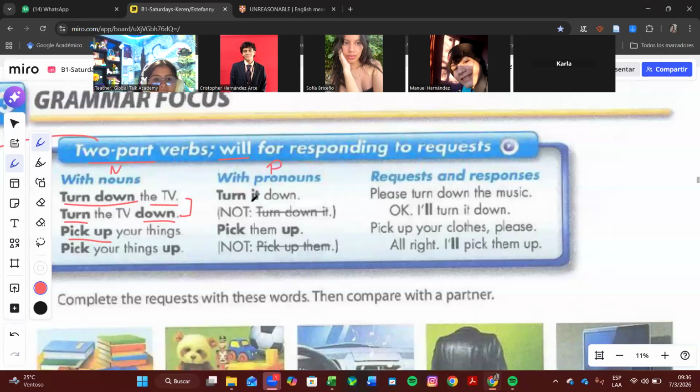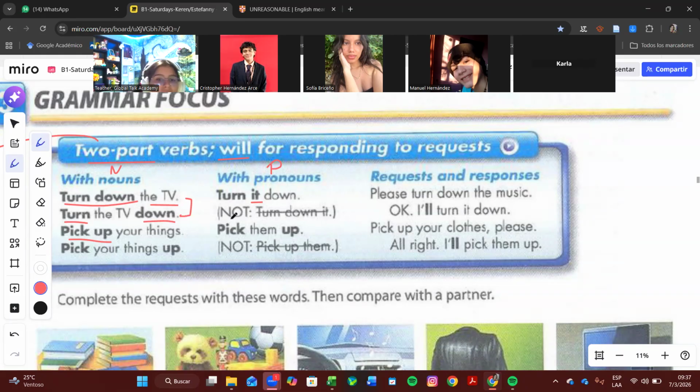So turn it, this is the pronoun, right? Turn it down. We are not saying the TV specifically, but if you are close or near to the TV and I say turn it down, right? You can think, well, she's talking about it because I'm close to it.